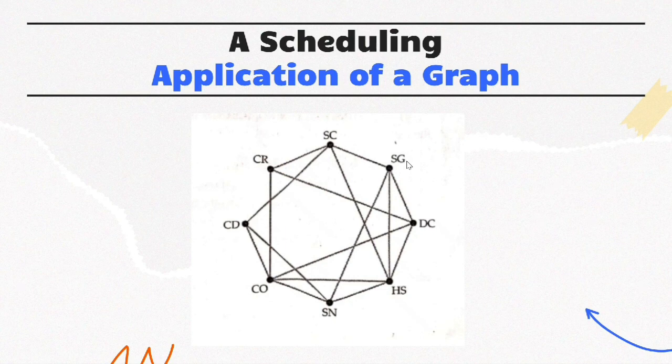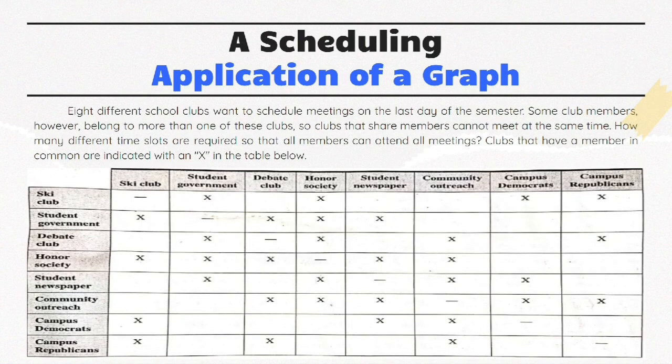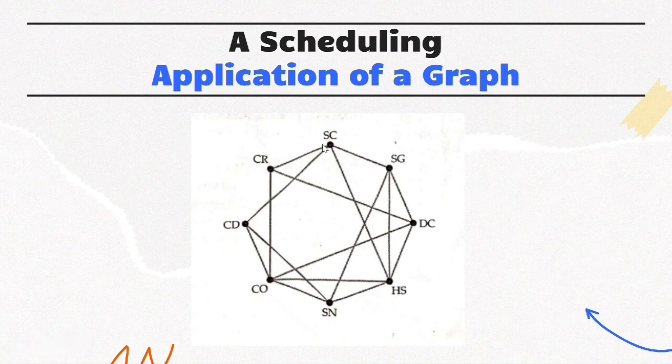So if we go back to the table, there are many X's. Sky Club and Student Government share an X. The same with Sky Club and Honor Society, and Campus Democrats and Campus Republicans. So Sky Club is connected with the Student Government by an edge.